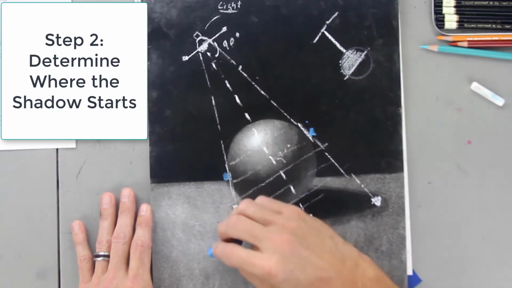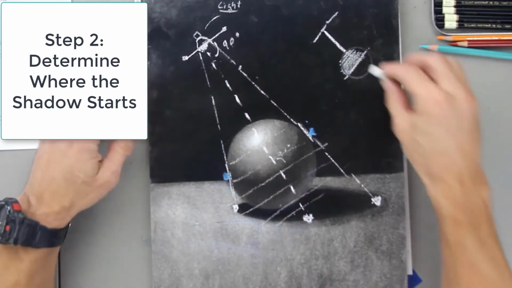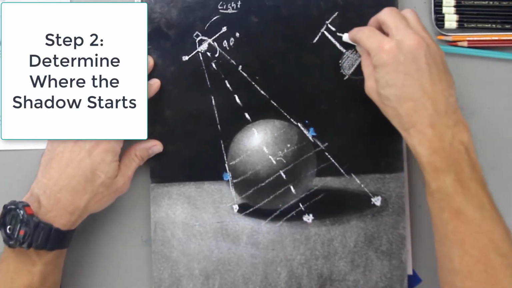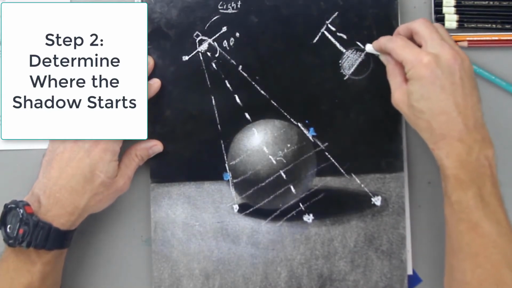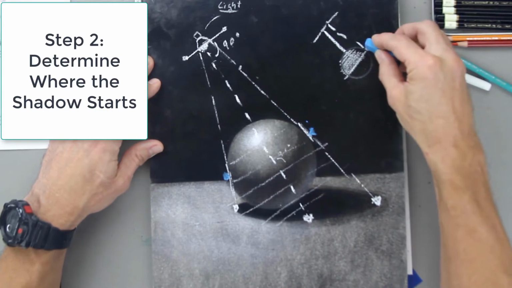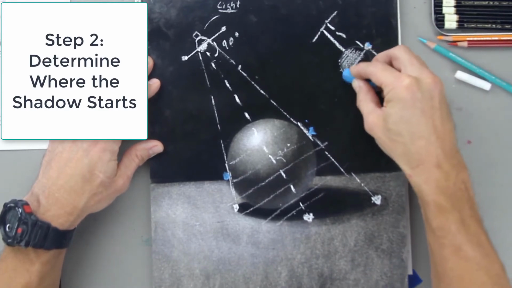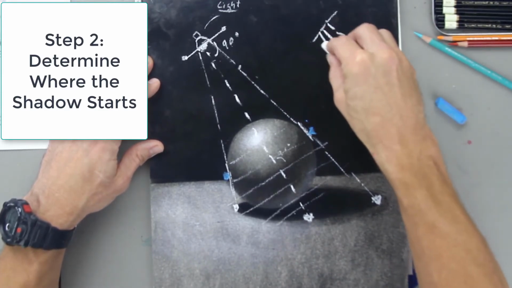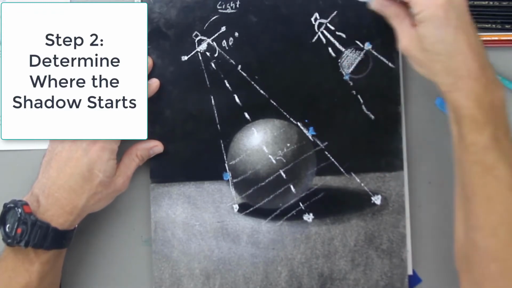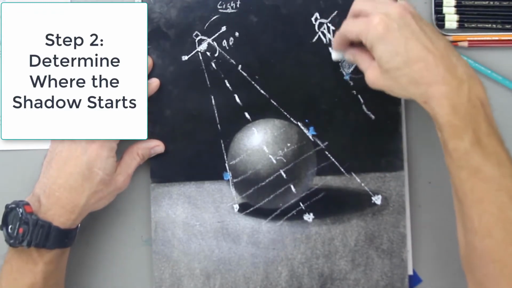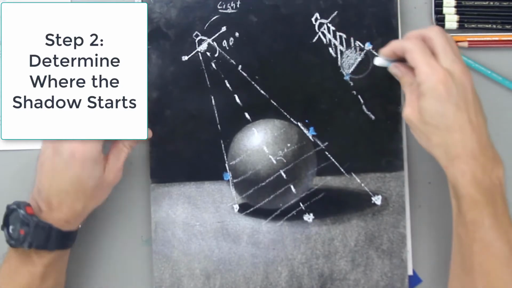To put it in 2D terms, here's our light source. The tangent is right there, and it will be right there as this light travels down. So all of this is illuminated in the light.